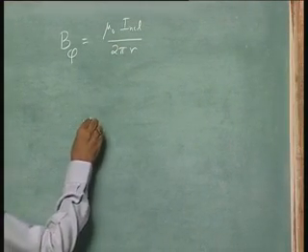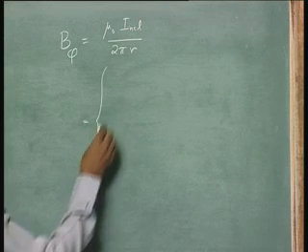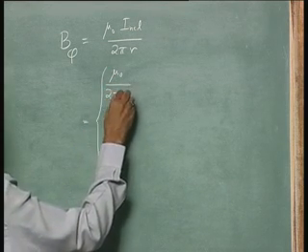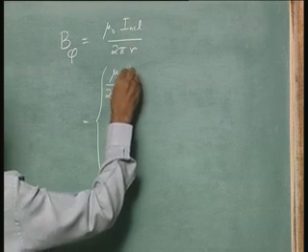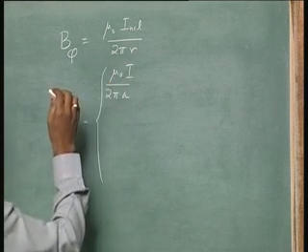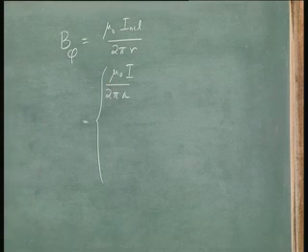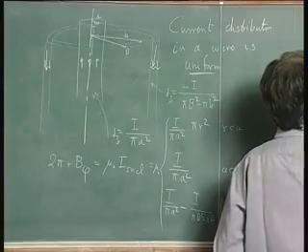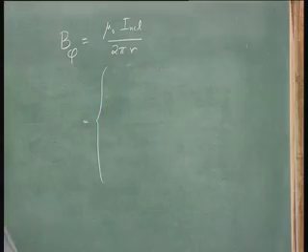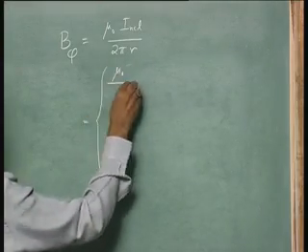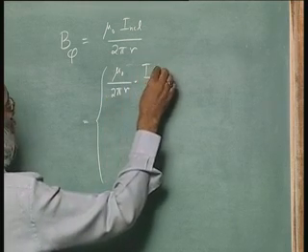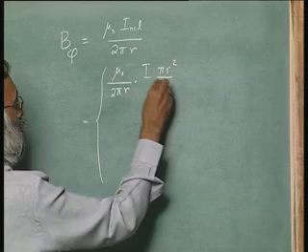Let me write it out properly, then maybe it will be clearer: mu naught over 2 pi r times I times pi r squared over pi a squared.